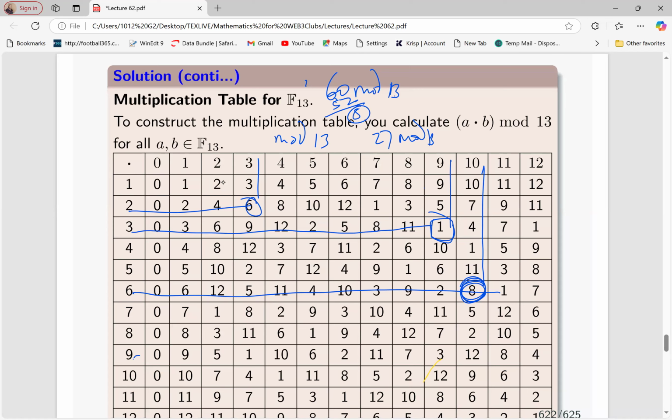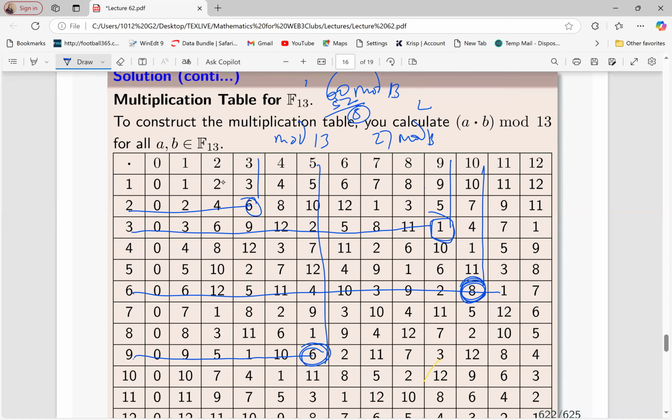Okay, 9 times 5 will be 6, because 9 times 5 will be 45. We are doing it mod 13, and 13 goes in 3 times. When you subtract, you have 6 as the remainder.